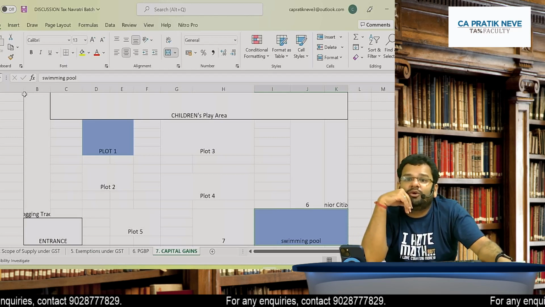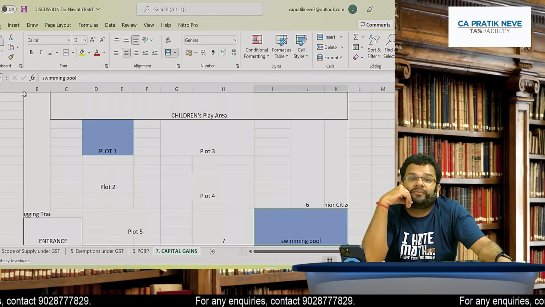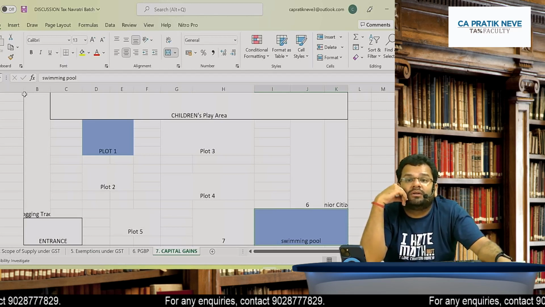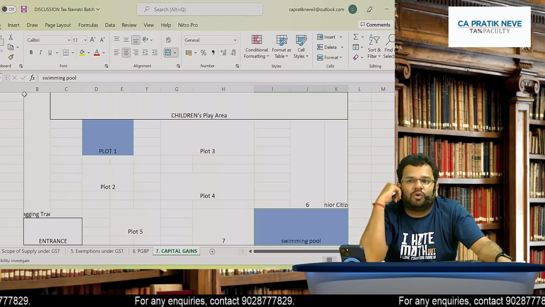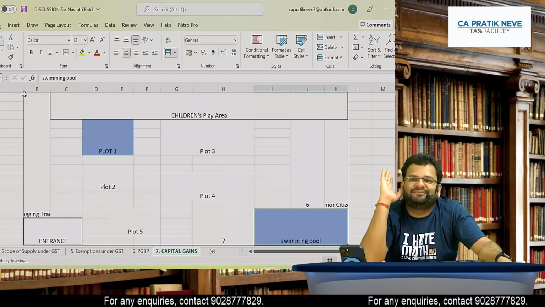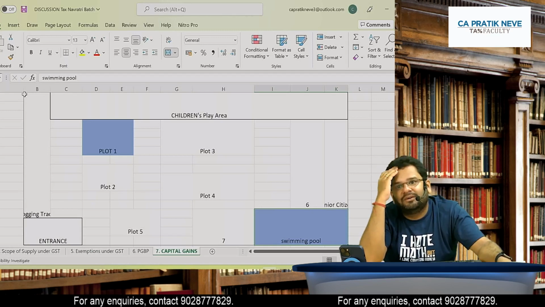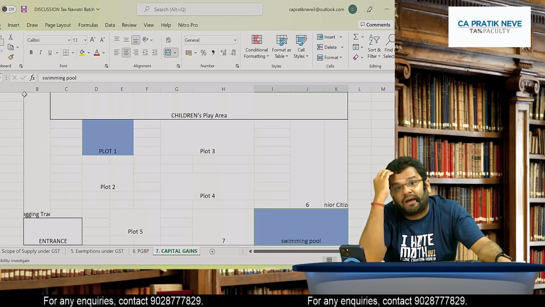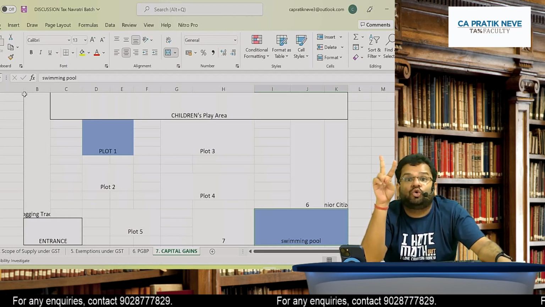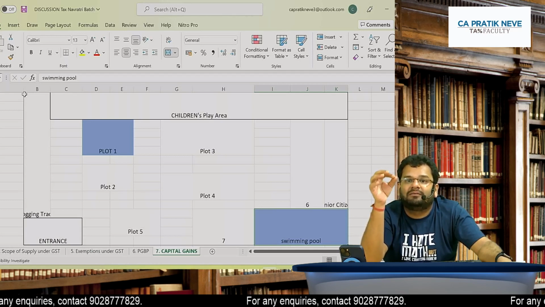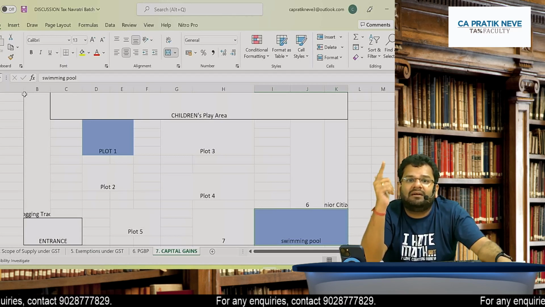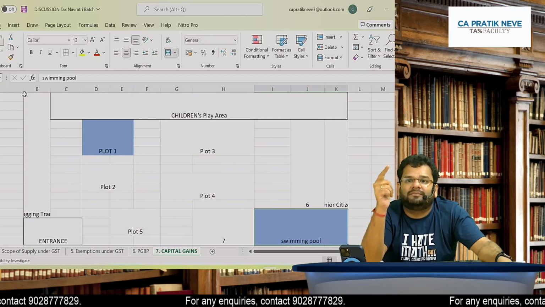So in 21-22, which gain is there? In 21-22 there is PGBP, because what is sold is stock in trade. So friends, two heads of income are attracted: capital gains and PGBP.